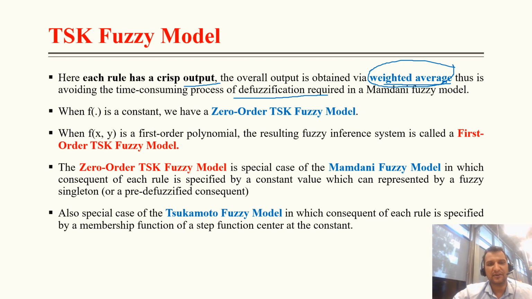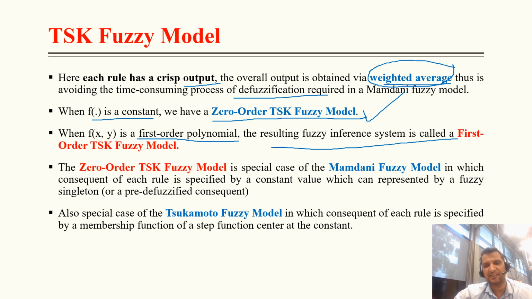When the function is constant, it is a zero order TSK fuzzy model. When the order is higher, first order, second order, complexity will be higher and computational time will be large. When f(x,y) is a first order polynomial, the resulting fuzzy inference system is called a first order TSK fuzzy model.